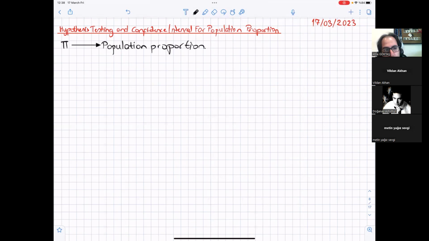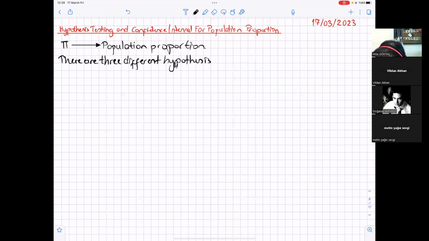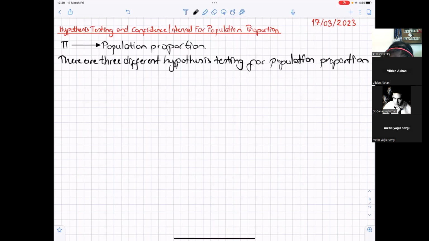So the hypothesis testing we use for the population proportion: there are three different hypotheses we can construct for the population proportion. Those are the hypotheses we construct.